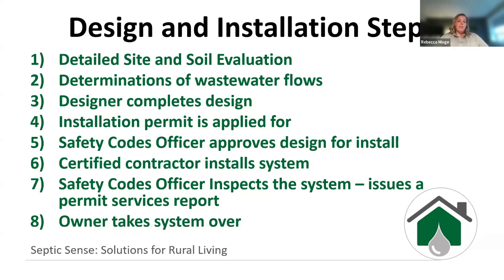That design is submitted, it's reviewed to make sure that at least what we can see on paper adds up and meets the code. The setbacks are met, things like that. If there's any kind of red flags or anything that was missed in the calculations. Once that's approved, then a permit is issued. The permit is required before the installation takes place.